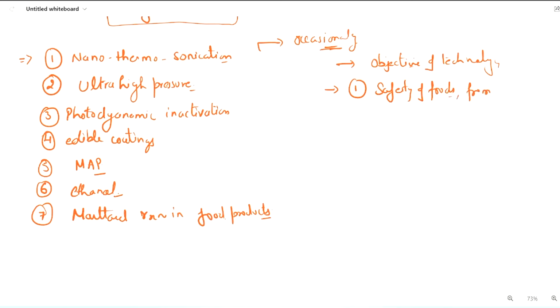From pathogenic microbes, right? The second purpose is to prevent food spoilage. The third objective is to increase the food quality.